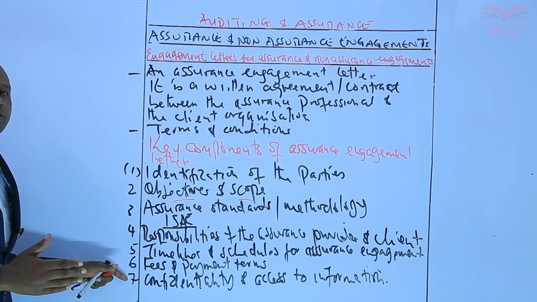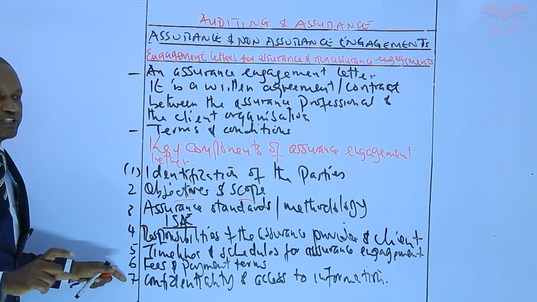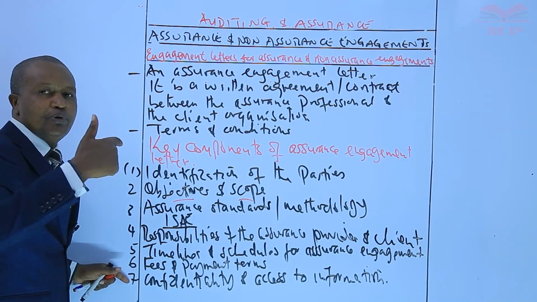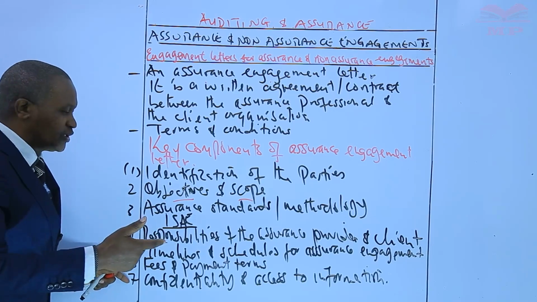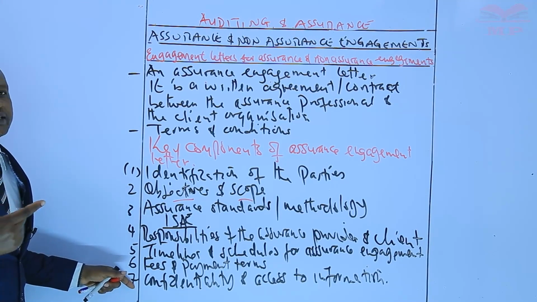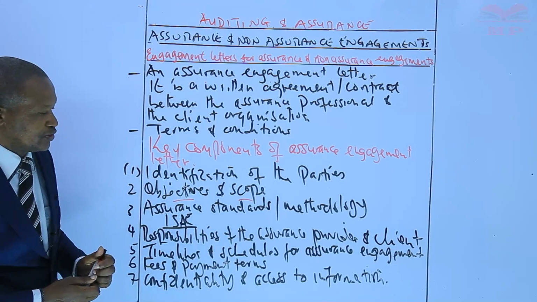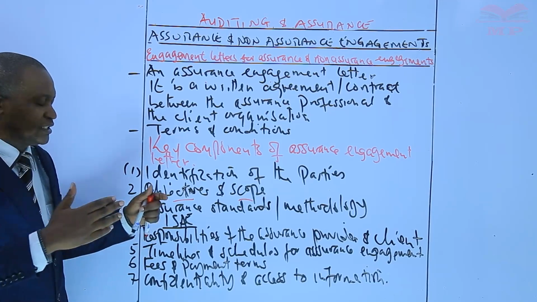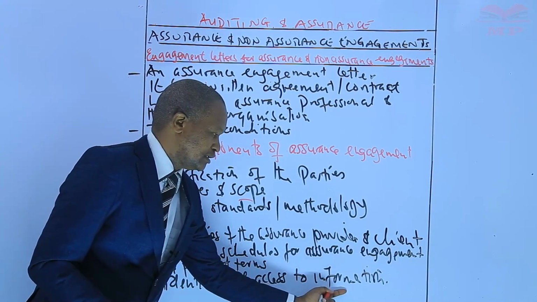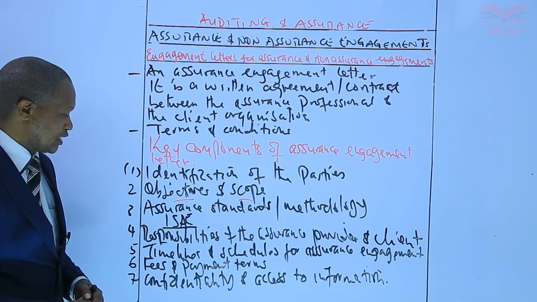The section may also establish the assurance provider's rights to access necessary reports or records, to access necessary documentation, or to access personnel within the client organization, because that is the information that the assurance provider needs in order to carry out his or her work.